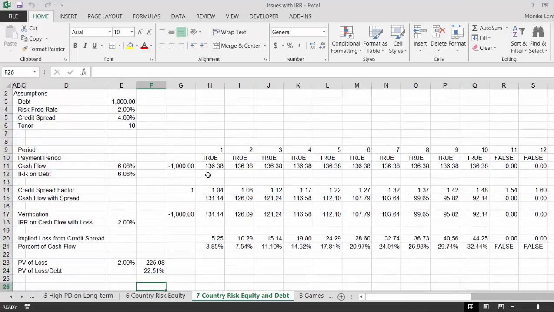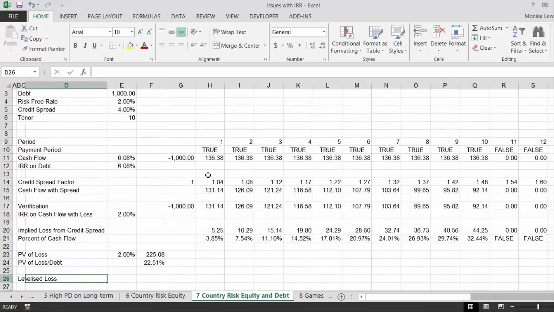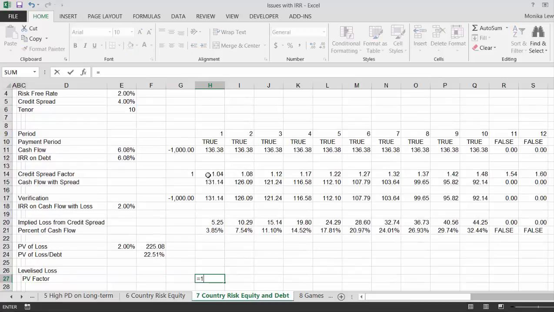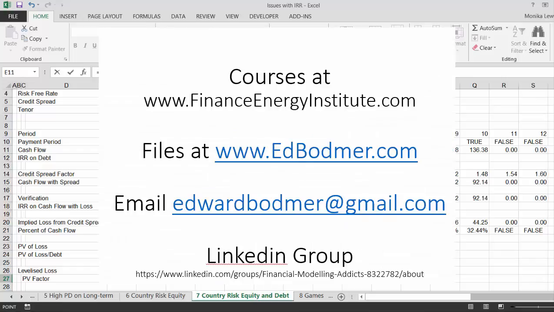We could also get the levelized loss, and to do that we need to first put a PV factor. I don't think we have one of those yet. 1 divided by 1 plus, now suppose we could use this one.